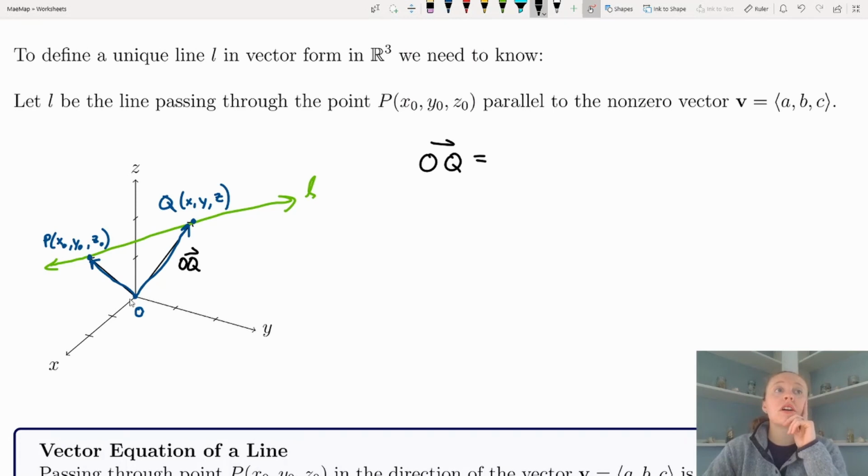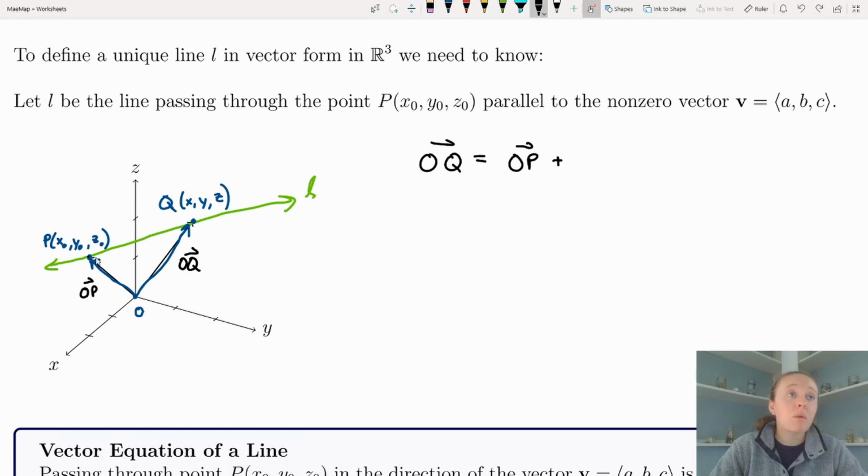Now I know to get to that line, I'm going from O to my defined point P. So vector OP will get me to a point on that line. So vector OQ is going to be OP plus some other vector going from P to Q. But I don't exactly know what that vector is.